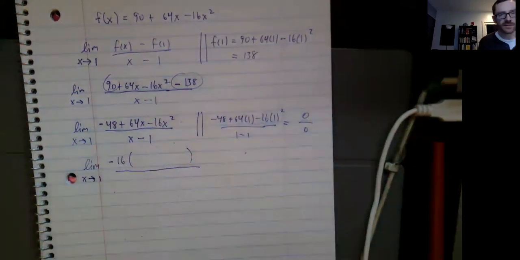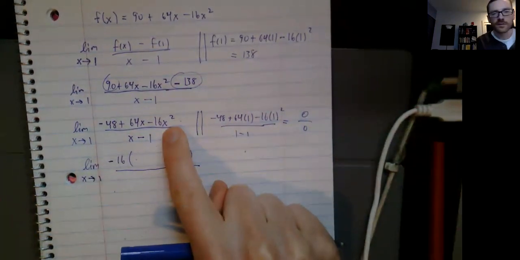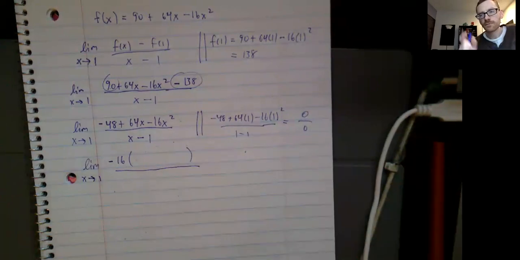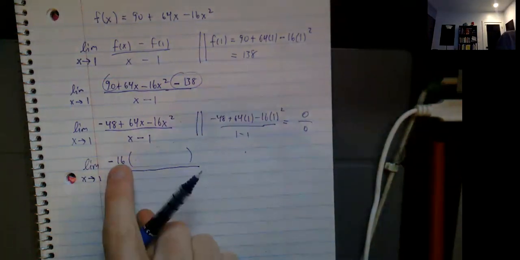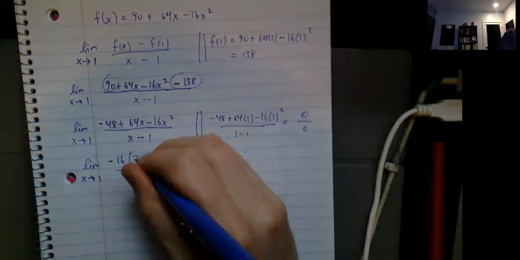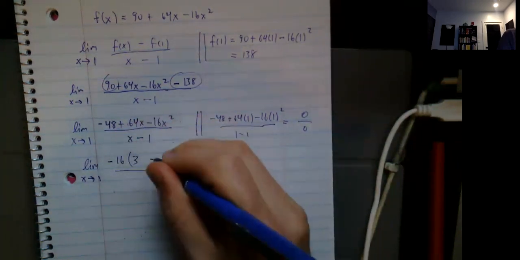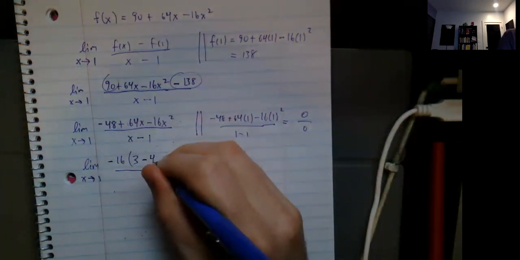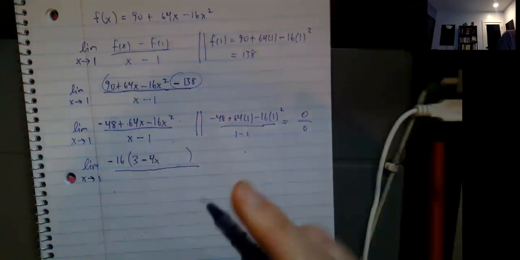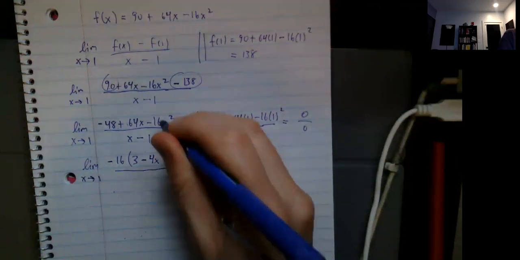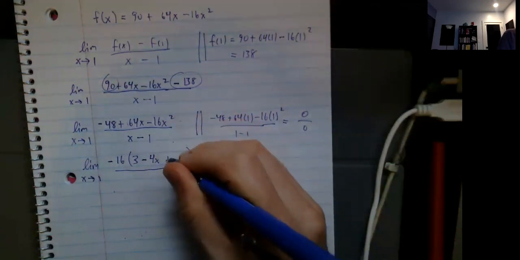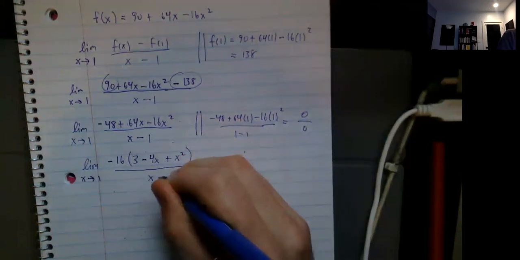The reason is I want the x squared term to have a coefficient of positive 1. That's why I'm pulling out negative 16, so that the x squared has a coefficient of 1 instead of negative 1. So you pull negative 16 out of negative 48, that's 3. Pull negative 16 out of 64, that's minus 4x. Pull negative 16 out of this guy, you're left with plus x squared, over x minus 1.